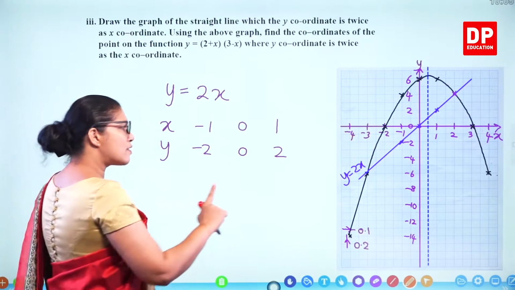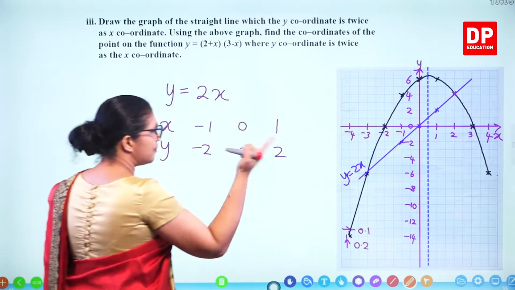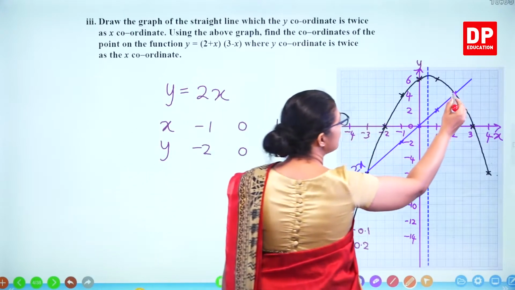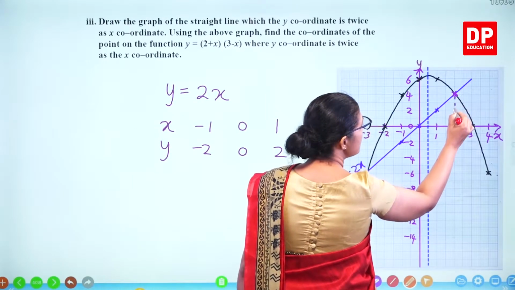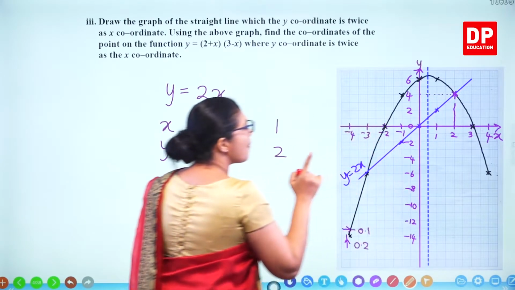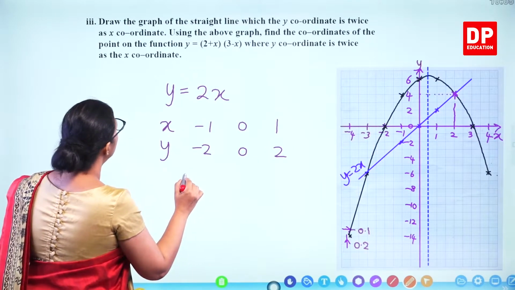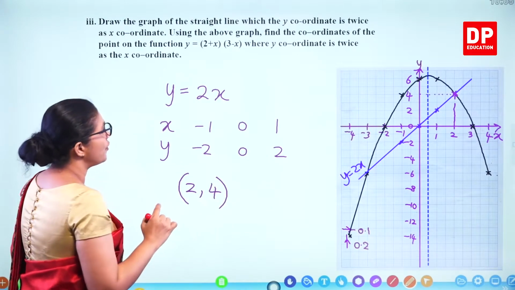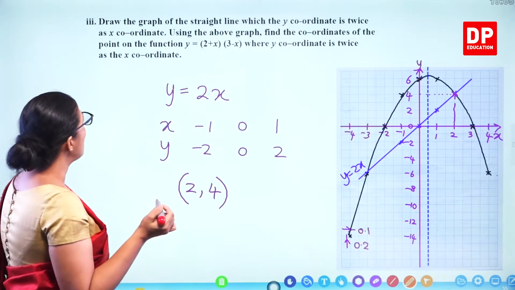You can write this point as well, but only one point you need. You can write down the intersecting point with this one: x equals 2, y equals 4. Double of x is the y value.